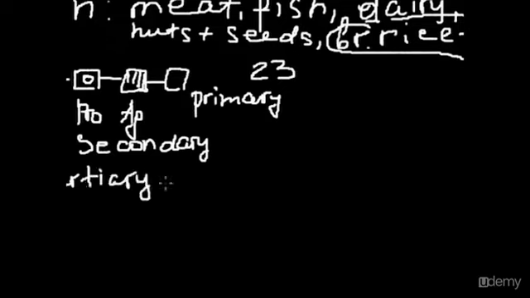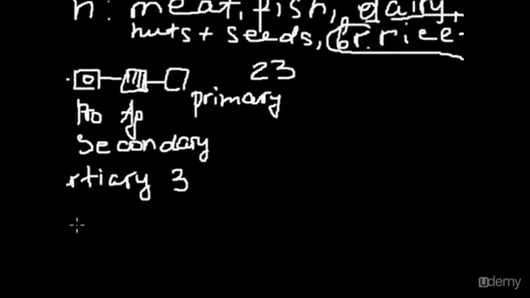Tertiary comes from the number 3. Most proteins are tertiary structures. Many proteins are combined. Let's say this is one protein combined with some other protein, and this is their connection.